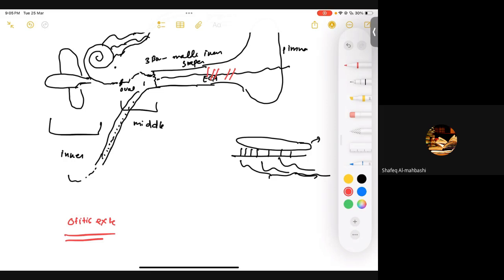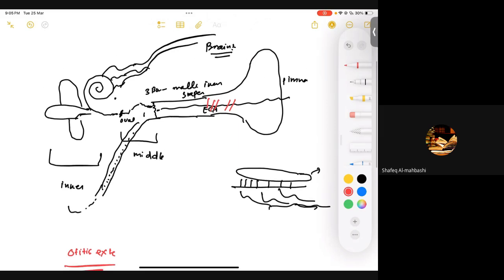You should know that, let me give you an overview, half of the external auditory canal is cartilaginous in nature and half is bony in nature. Remember, within the cartilaginous part of the external auditory meatus we have hairs, right?